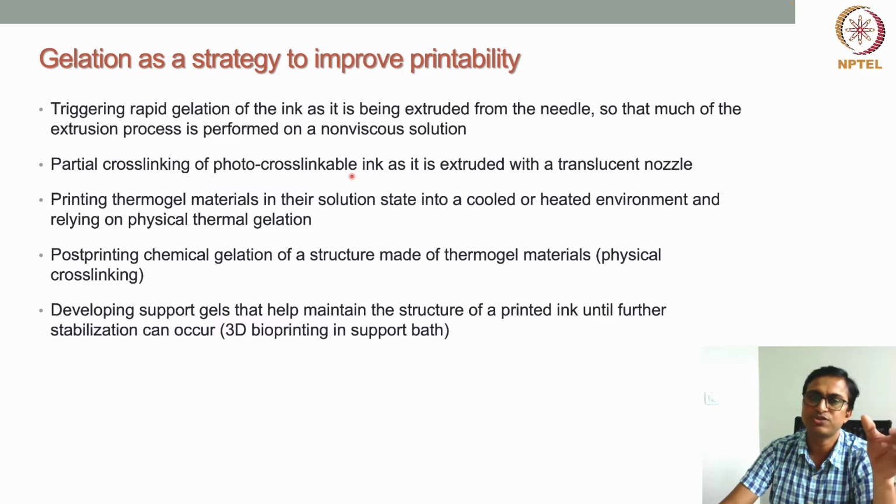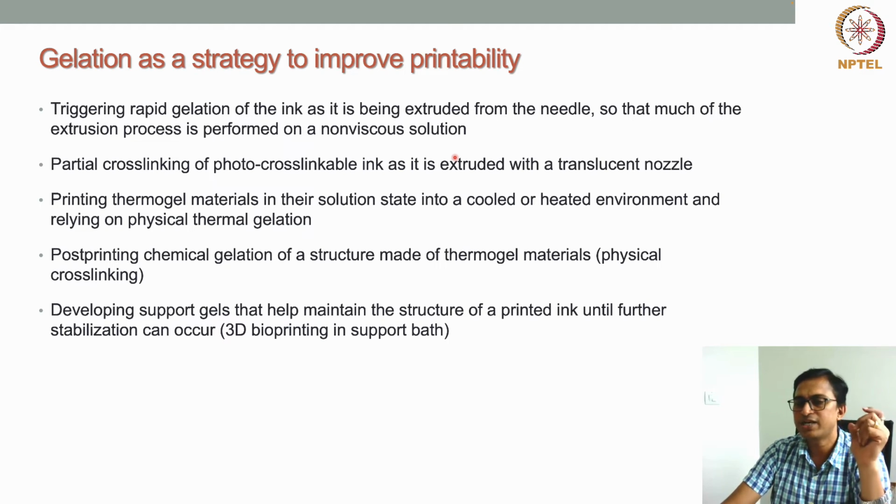When we use a photopolymer, it is in the monomer state at the beginning, and we use some kind of photo initiator, so that when the light is on, the photo initiator gets activated and starts the photopolymerization process. So photopolymerization is another way to solidify the material.